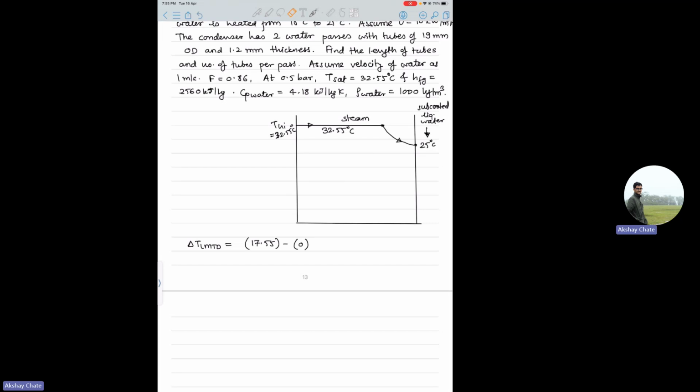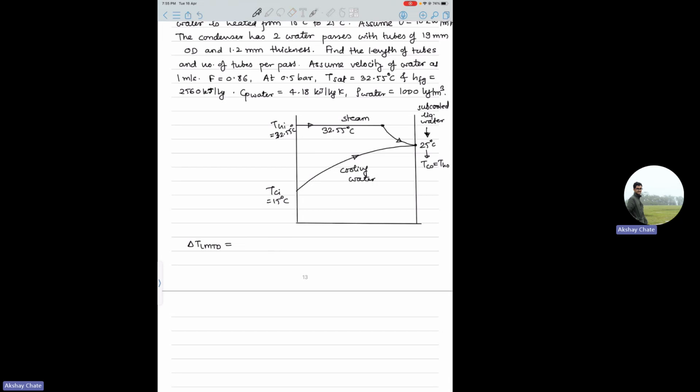It cannot be like this, because if you arrange like this, then in the LMTD you'll have ln 17.55 divided by 0, and that is not possible, right? Because ln of infinity is not defined. So in that case, the arrangement is not the same as what we have assumed here.